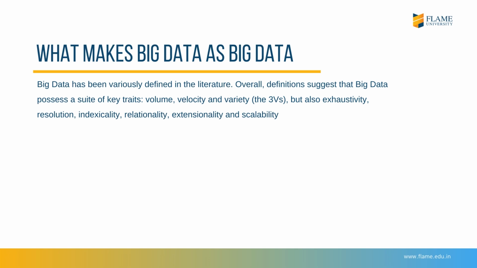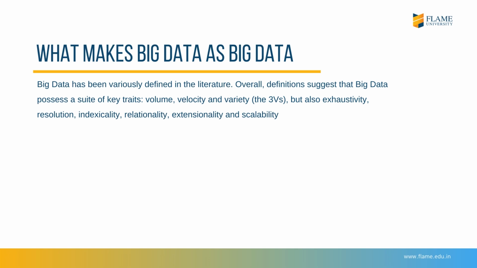There are also other parameters that define what big data has. Some of these parameters are resolution, indexicality, relationality, and so on and so forth. But the three key traits remain volume, velocity, and variety.